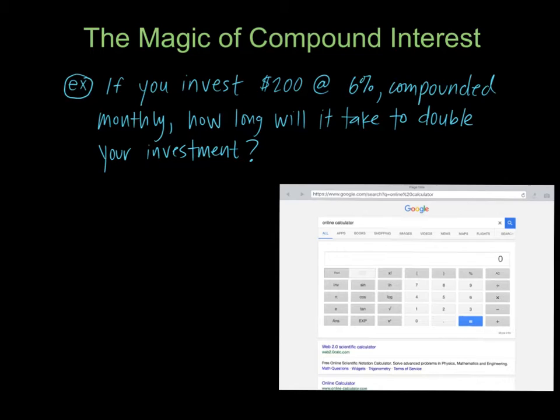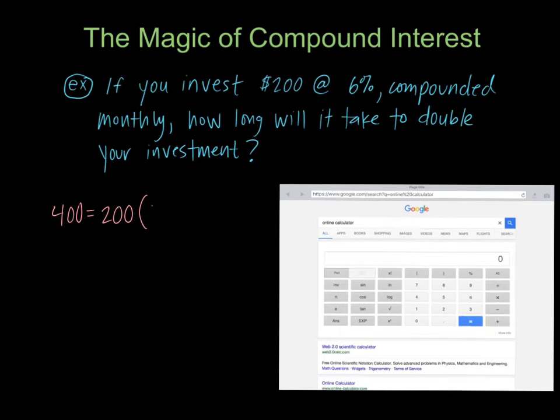Okay, so here's another type where we have a different unknown. How long will it take to double our investment if we invest 200 at 6% compounded monthly? So the thing that's not flat out given, but we can get from this info, is if we want to double our investment, then we end up with 400.